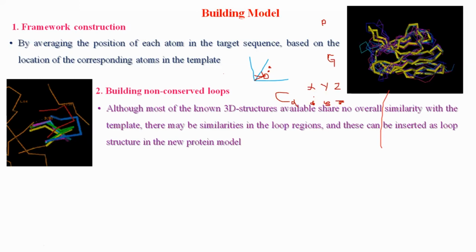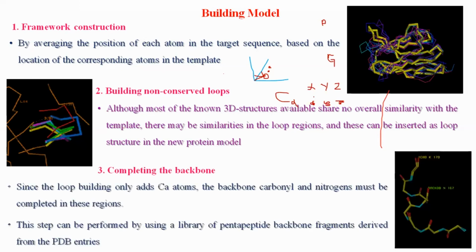After building the main coordinate locations from the template, it will concentrate on the loop regions that have more similarity with the template regions, and those template region coordinates will be imitated in the loop regions after backbone generation. With this, it will complete the loop and backbone completely.